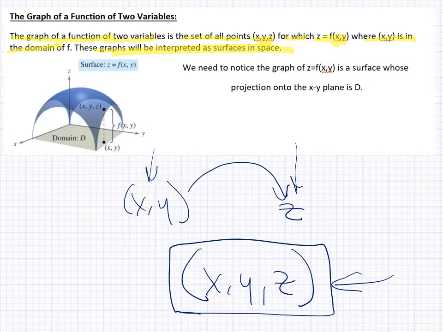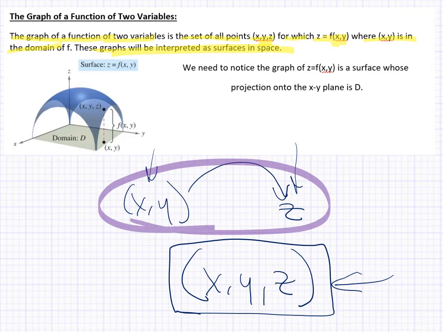So the best way to realize this is this mapping method, and to think of your domain as a set of points in the xy plane. So here, this domain is this rectangle in the xy plane, square, rectangle, quadrilateral, whatever. So this square down here represents the domain for a given function. And each one of those x's and y's is matched up with a z. And so if I take this x and y and match it up with its particular z, I then get this point.